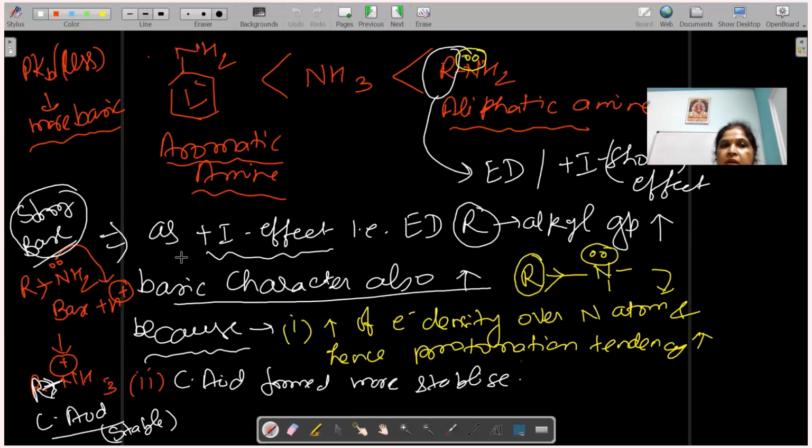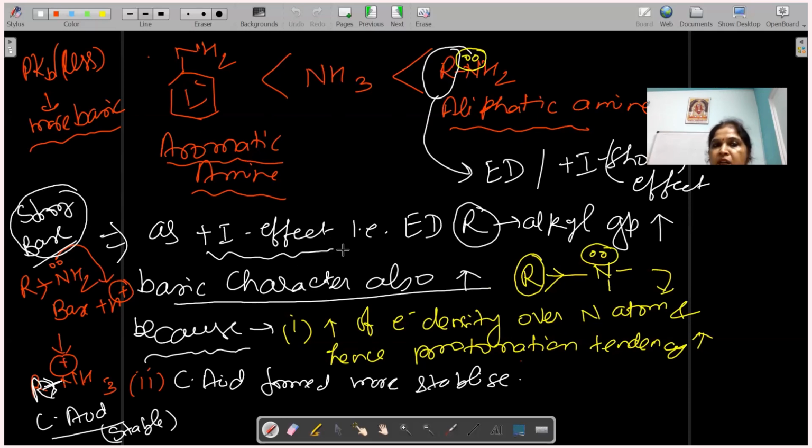The basic character depends on electronic effect, and that is the inductive effect. As we already studied in class 11th in general organic chemistry, there is plus I effect and minus I effect. With the plus I effect, that is an electron donating alkyl group, as the number of alkyl groups increases, the basic character also increases.